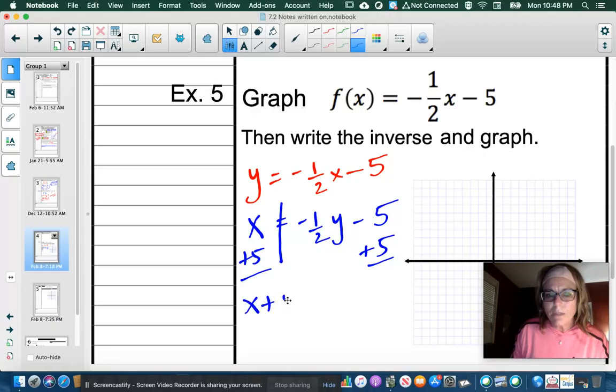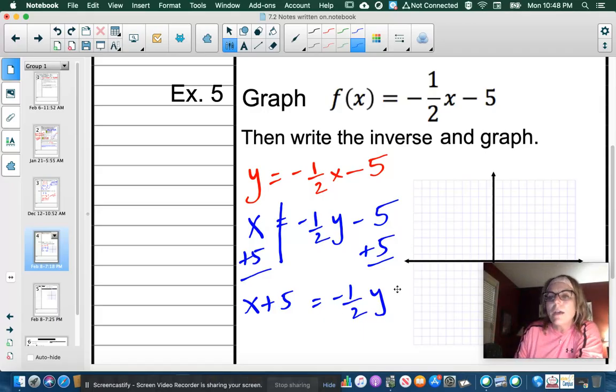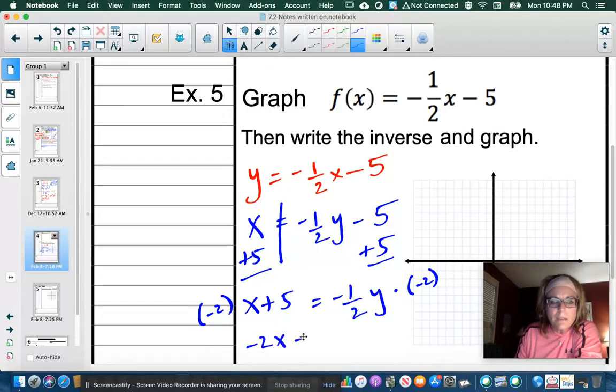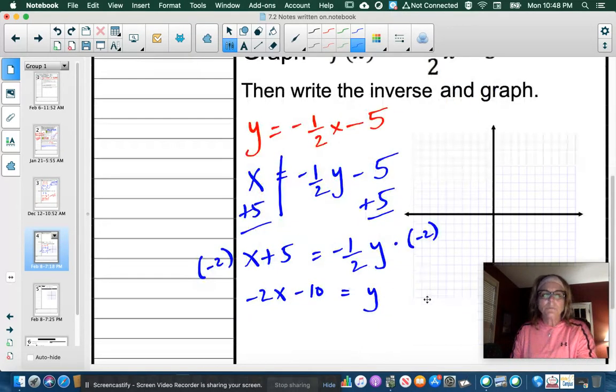So x plus 5 equals -1/2 y. To get rid of the -1/2, we have to multiply both sides by -2. And we get negative 2x minus 10 equals y.